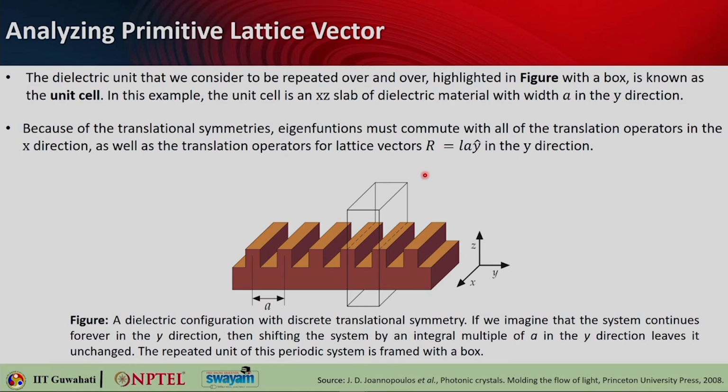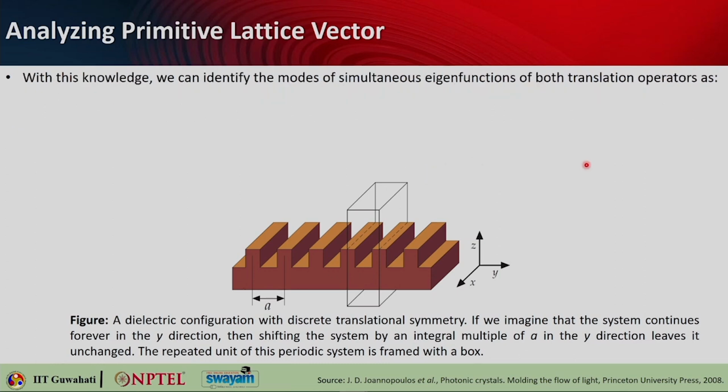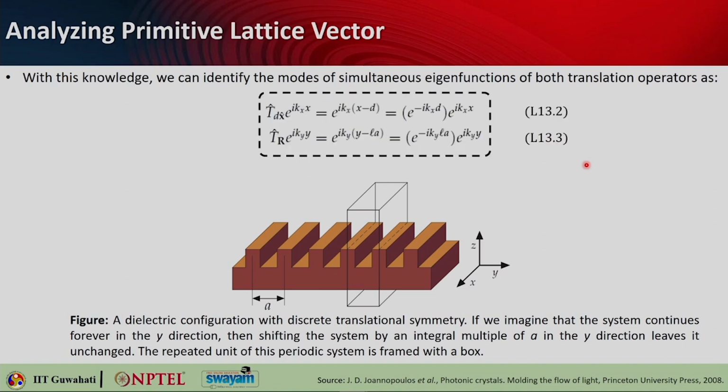Now, because of the translational symmetries, eigenfunctions must commute with all of the translation operators in the x direction, as well as the translation operators for lattice vectors, that is R equals l a y-hat, in the y direction. So, with this knowledge, we can identify the modes as simultaneous eigenfunctions of both translational operators. There are two types of operator, as I mentioned. You have T_dx, e to the power i kx x, that is along x, a continuous translational symmetry, and this will be the eigenvalue operation.